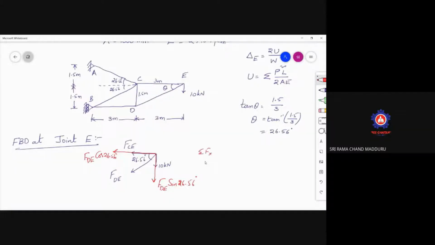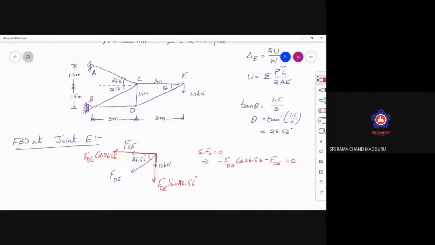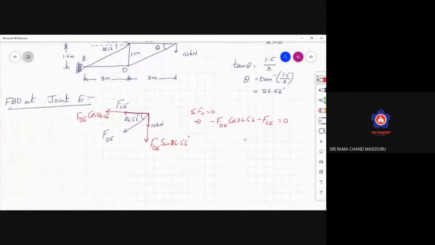Sigma Fx is equal to 0: minus FDE cos 26.56 minus FCE is equal to 0. Why? Because they are going to the left side. As per the sign convention, the left side will be considered as negative.